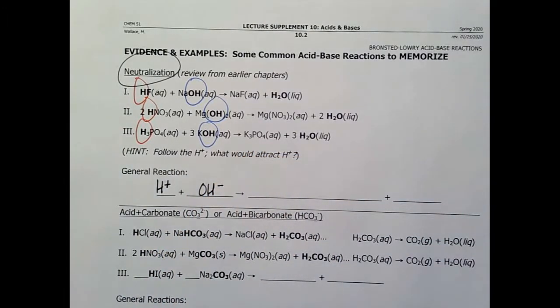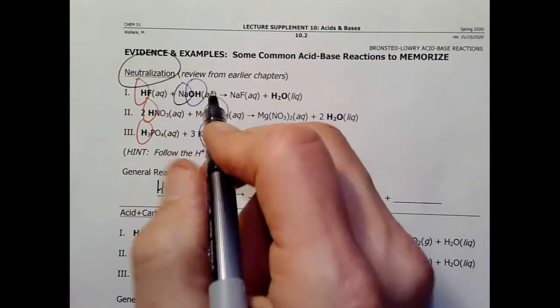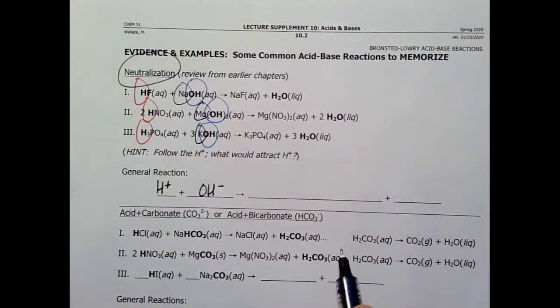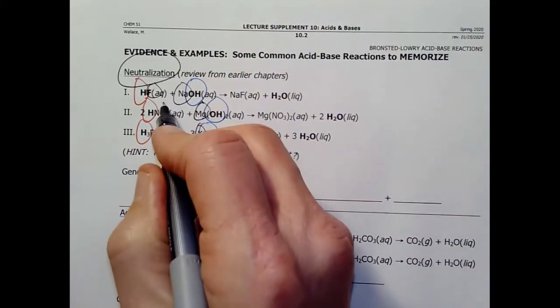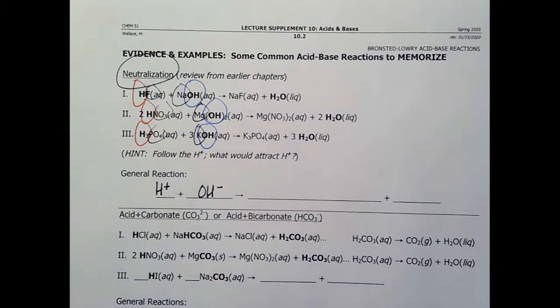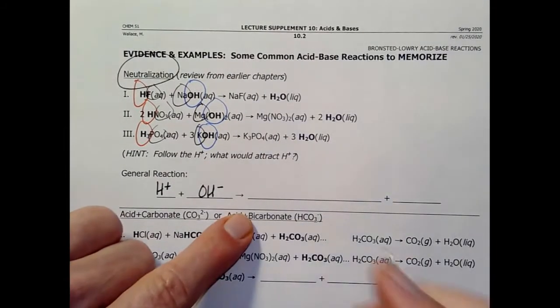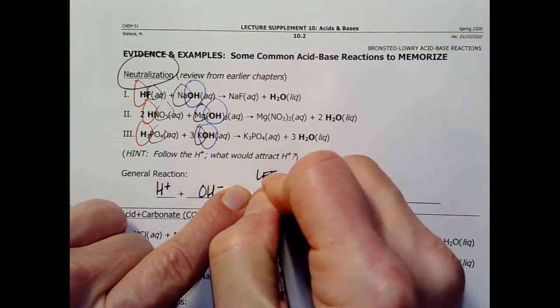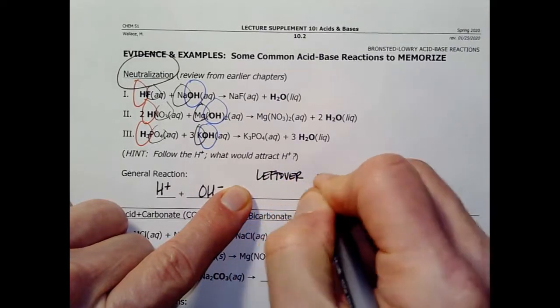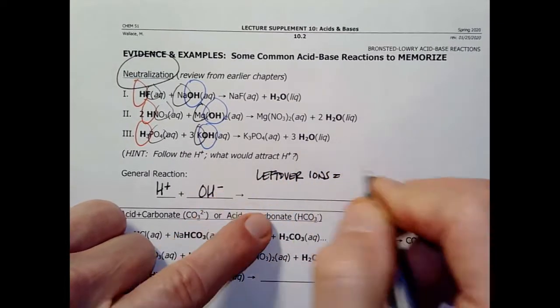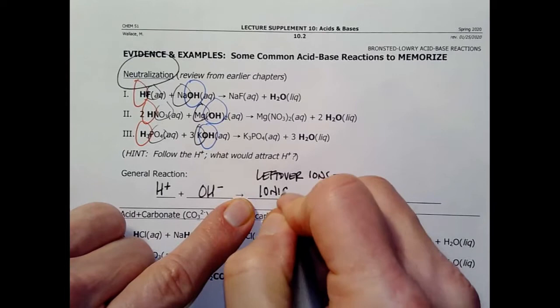Now, you'll notice there's still some leftover parts. You go, well, there's still some ions like sodium, magnesium, potassium, fluoride, nitrate, phosphate. Well, what do we do with those leftover ions? Well, there's our ionic compound.